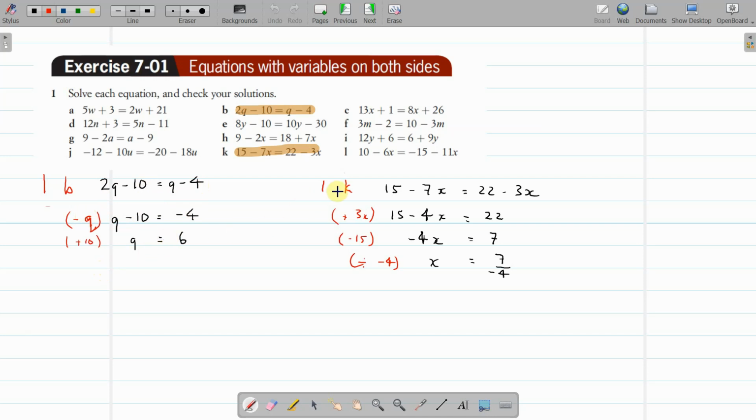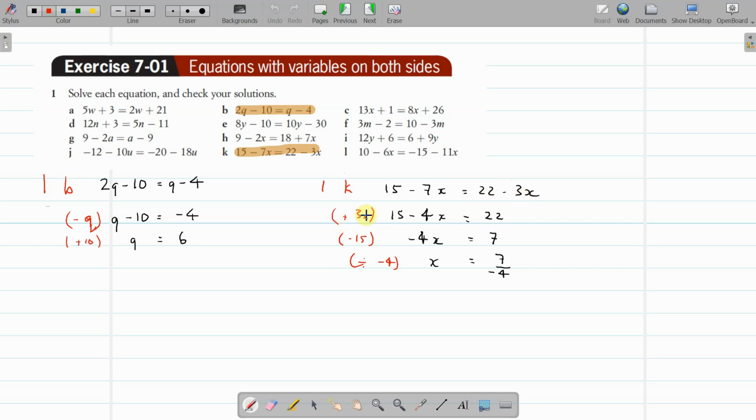There's the first one. 1k. Write the question. Then I see we've got a minus 3x on this side, which we're going to remove, because you just want numbers on this side. So to get rid of this minus 3x, I'm going to do the reverse, plus 3x.